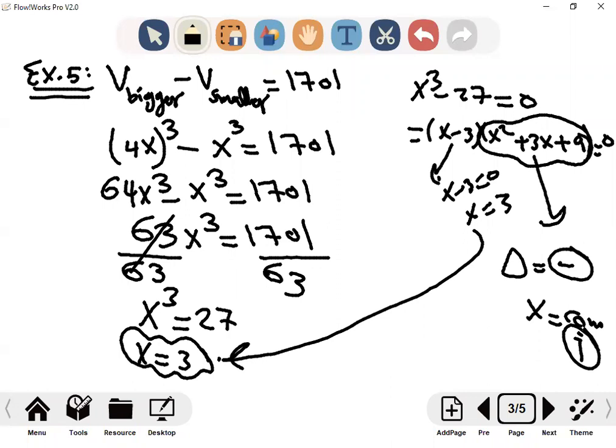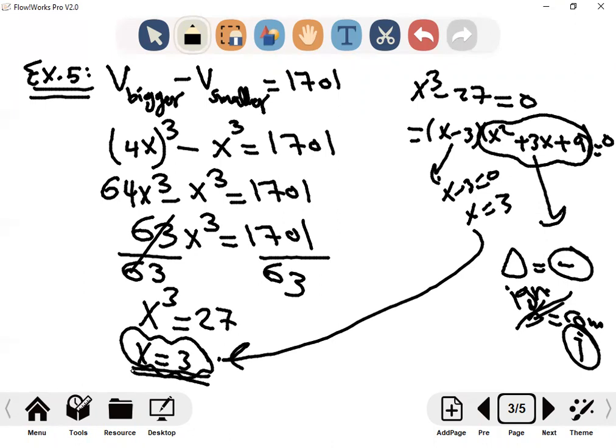Real. I can't say the length of this line is negative 2i. So the i's here, I will ignore them. I will take the real solution, because x represents distance. When x represents distance, I cannot talk about imaginary numbers.